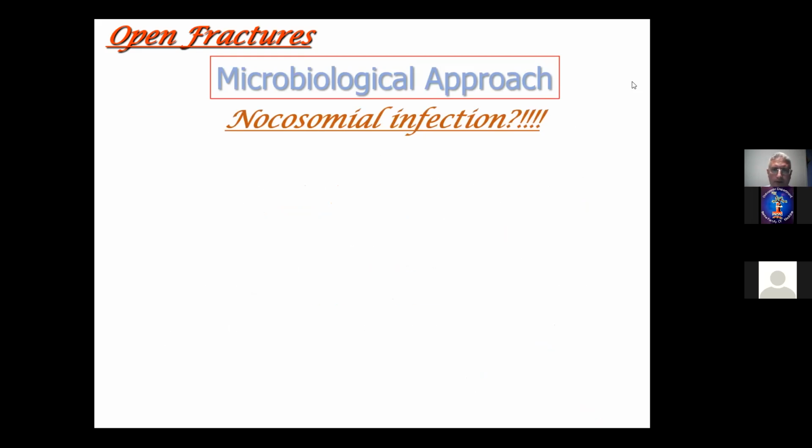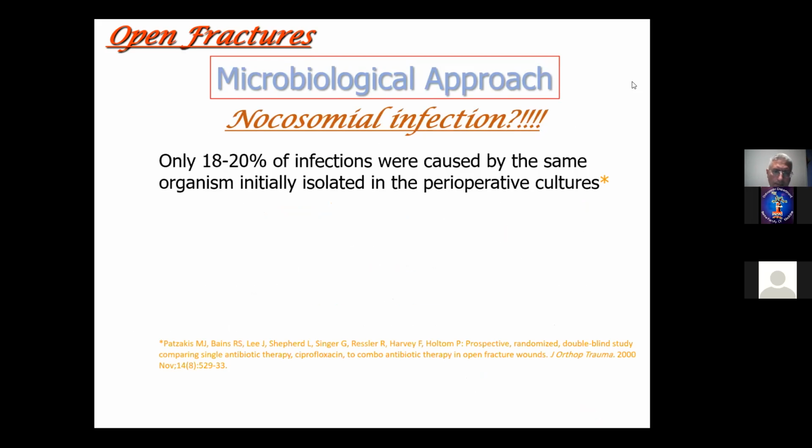Is nosocomial infection important in open fractures? Of course, because only 20% of infections were caused by the same organism initially isolated in the perioperative cultures. These cultures taken in the perioperative time revealed only 20% of the organisms in all infections in open fractures.